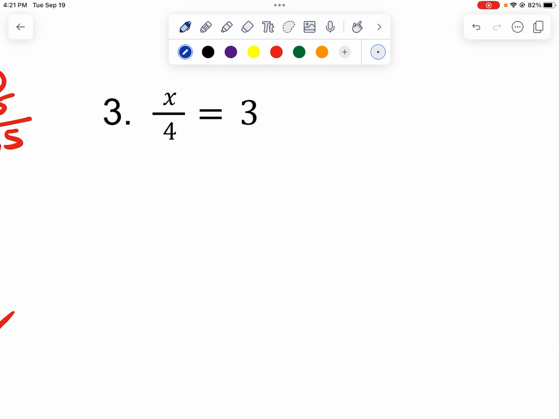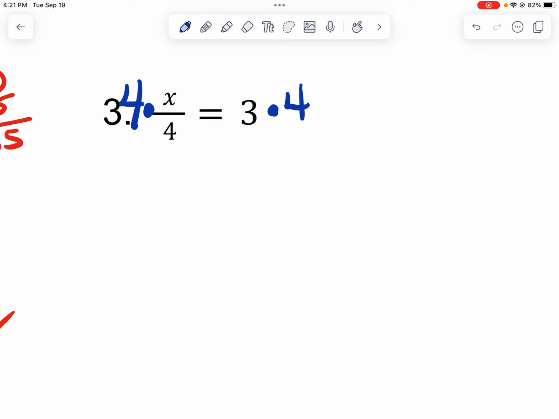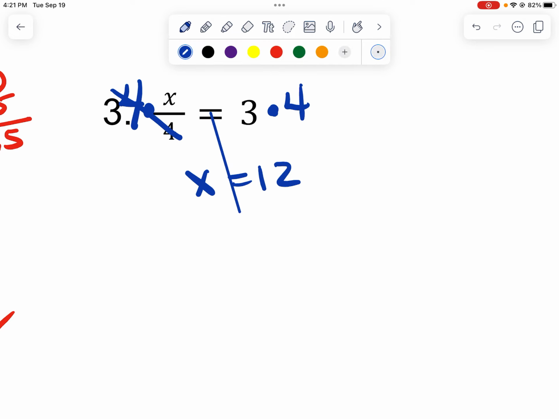On this one, it's a fraction. And again, I said if there's a fraction, multiply both sides by what's in the denominator. This cancels. I get x equals 12. Oh, I forgot the line like you guys like it. Okay, and then I check my work to make sure I did my work correctly.